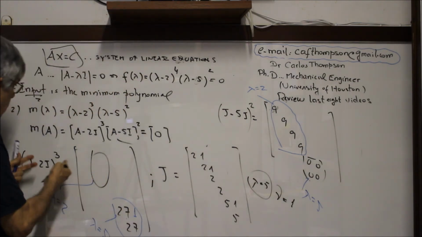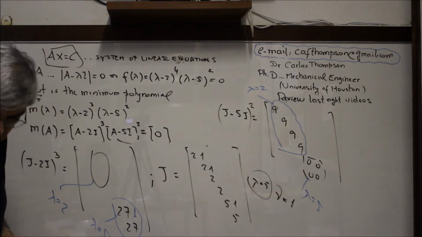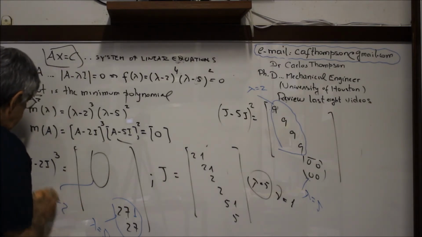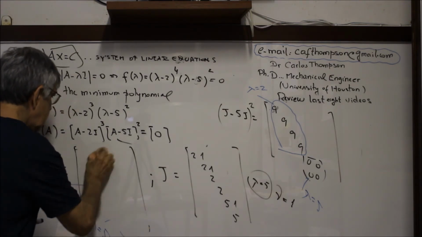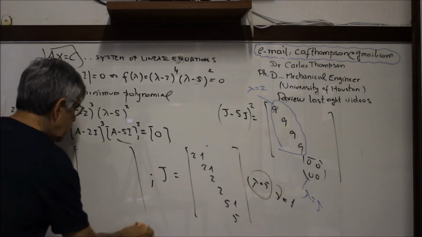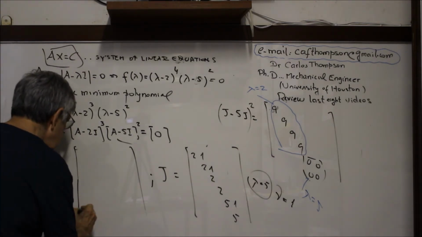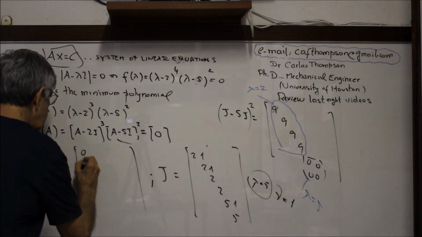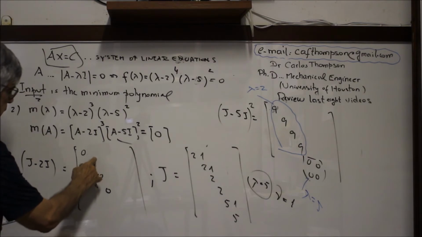So here I could write the other solution. Yeah, that's the same thing. J minus 2i, I could set like this. Let's write down here. It's the same thing. I put here 0, 0, 0, 0. Remember, I put one here and one here.